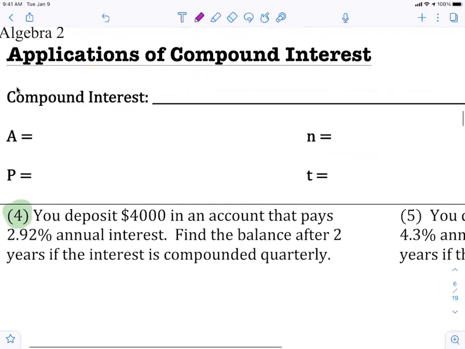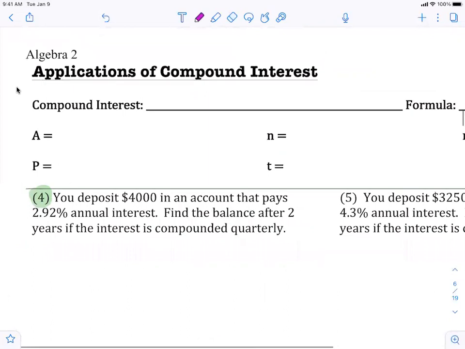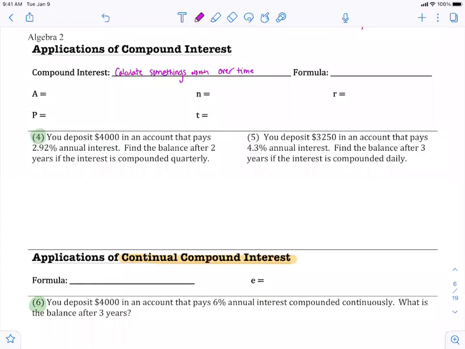So compound interest, what exactly this is, it's a way of how we can calculate something's worth over time. And the formula is A equals P, and then in parentheses, 1 plus R over N, all being raised to the NT.